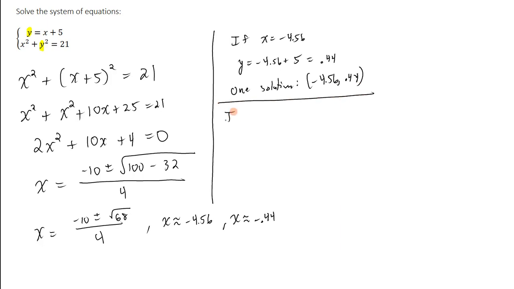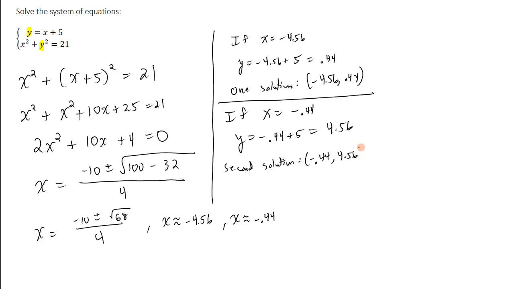Second, if x is negative 0.44, then y would equal negative 0.44 plus 5, which is 4.56. And so a second solution is then negative 0.44, comma, 4.56.